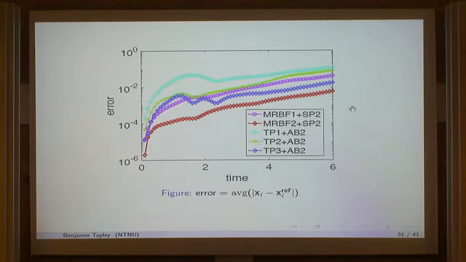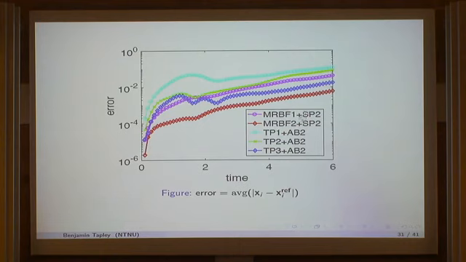So this is the error which we're looking at. As we can see, this MRBF1, plus we've also got the splitting algorithm here, as well as the Adams-Bashforth algorithm for the polynomial interpolated vector fields. This pink one here is MRBF1, and that's even better than quadratic polynomials.